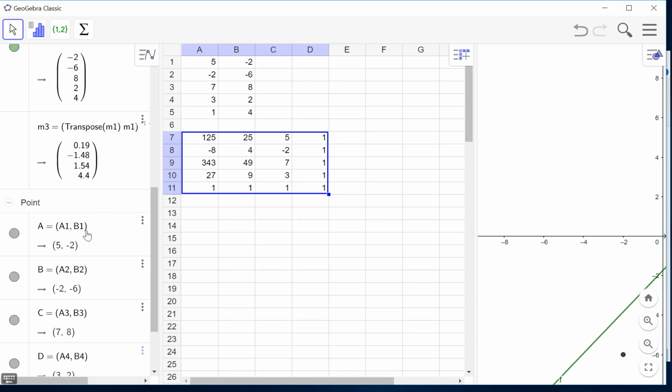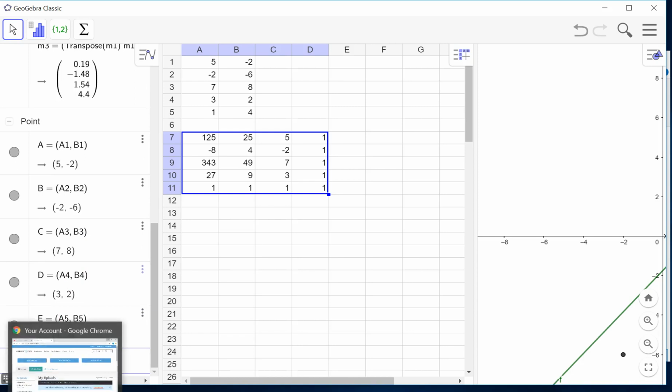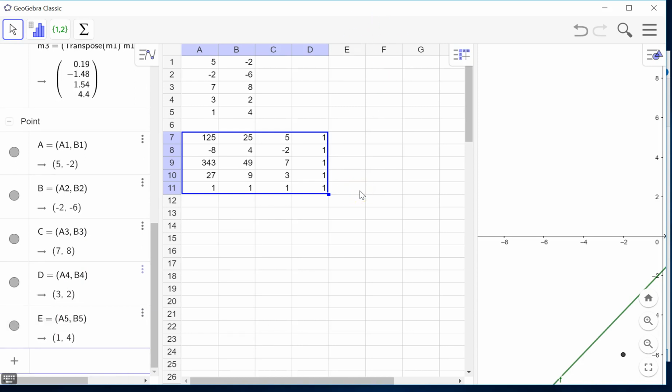So there are our coefficients. If I take these coefficients, I'm going to try this again and see if it decides to be dumb again. Yeah, it doesn't like it. I don't know why.